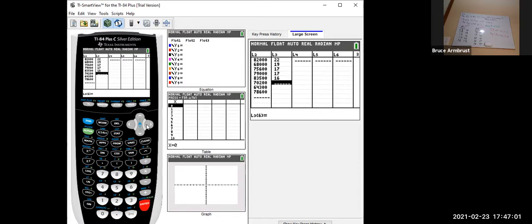I'm trying to go a little bit slower because I think that was the issue before. All right, so there are my 10 American League home run numbers. If someone could just take a peek at those and see if they look right. And I'll start putting in my National League numbers.